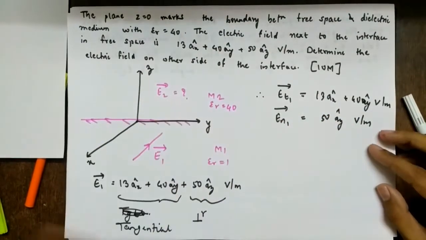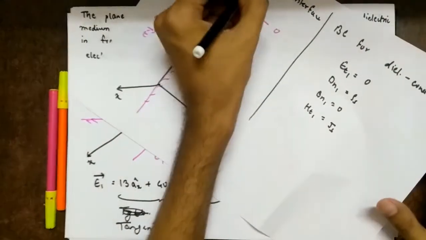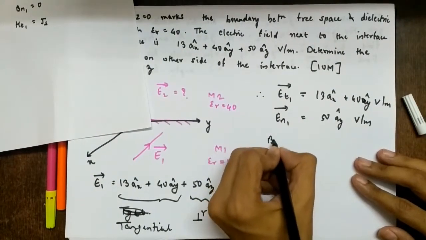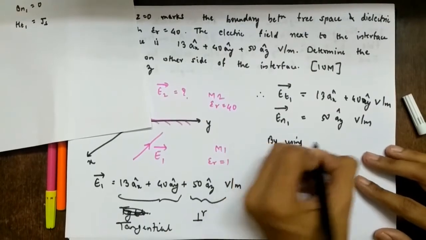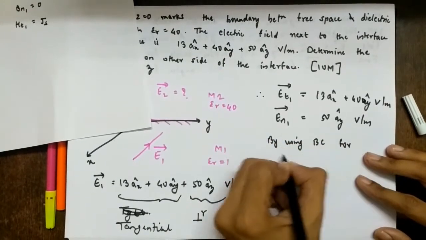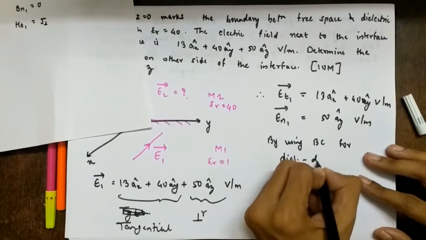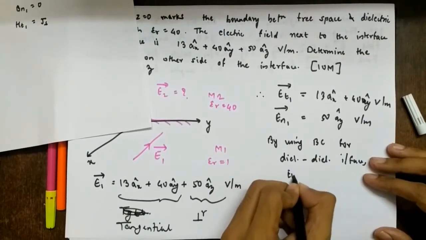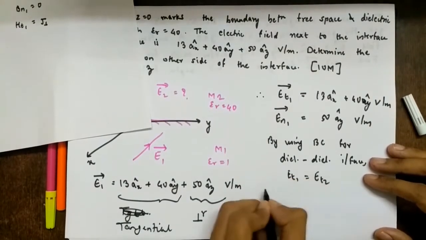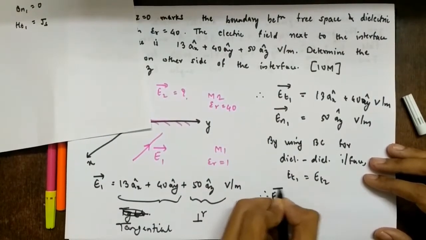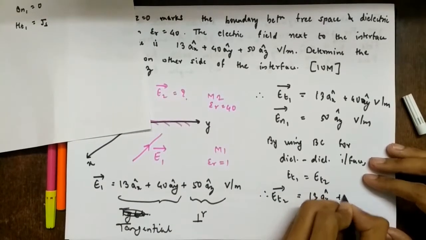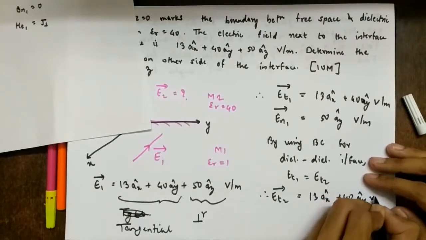Now what I have to find? E2 vector. So I can use the boundary conditions for the dielectric interface. First is Et1 equal to Et2. So therefore I can say Et2 vector equal to Et1 vector, so Et2 vector is 13 Ax cap plus 40 Ay cap volts per meter.